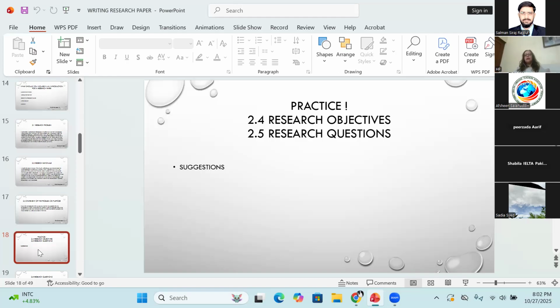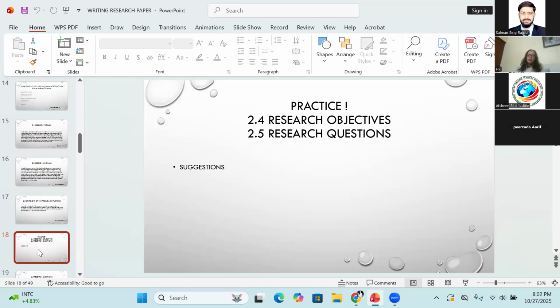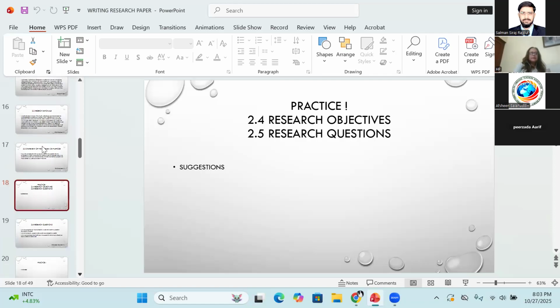In terms of language and statement, they are not very different from each other, so the objective and the questions reflect each other. There should be alignment even in terms of language.